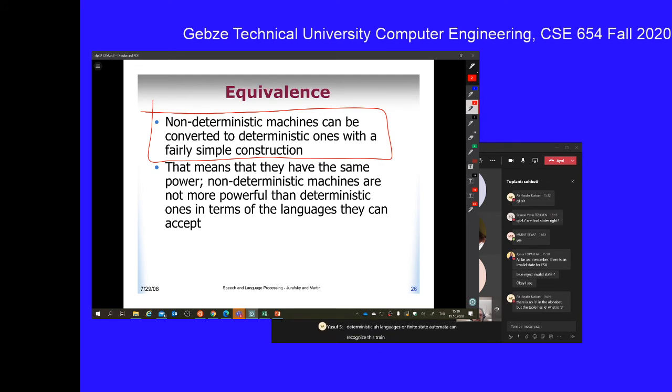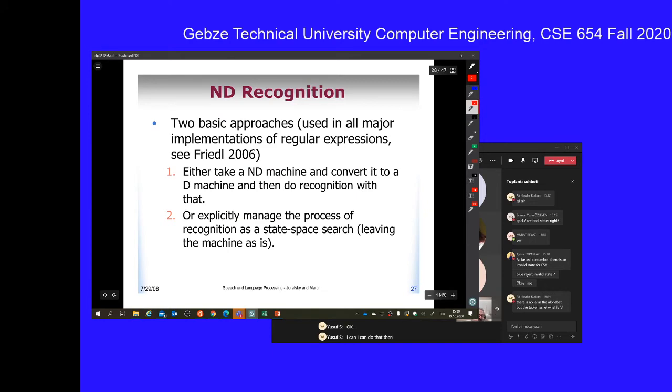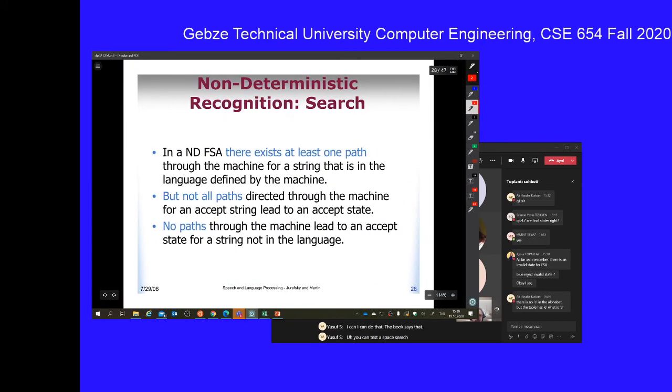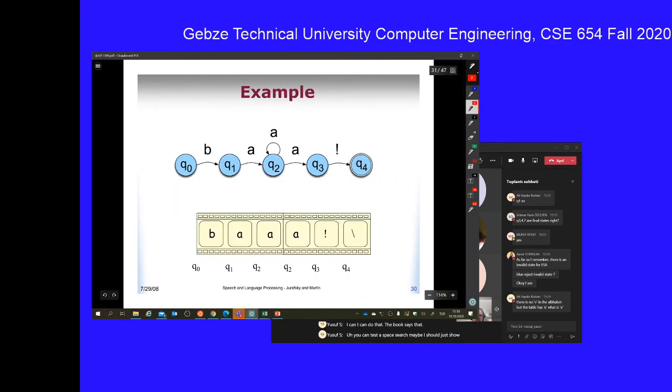I can convert this non-deterministic machine to a deterministic one and execute the recognizer. Okay, I can do that. The book says that you can do a state space search. Maybe I should just show one example here.